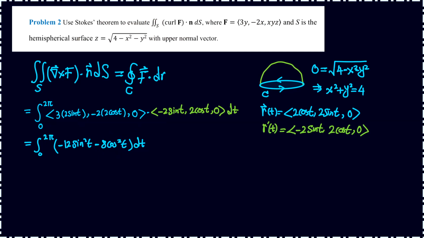But let me just go ahead and do the power reduction on each of these. I think it's a little easier. It's just less work. So we have negative 12. The power reduction for sine squared is 1 minus cosine 2t divided by 2. Okay, then we have minus 8. The power reduction for cosine squared is 1 plus cosine of 2t over 2.